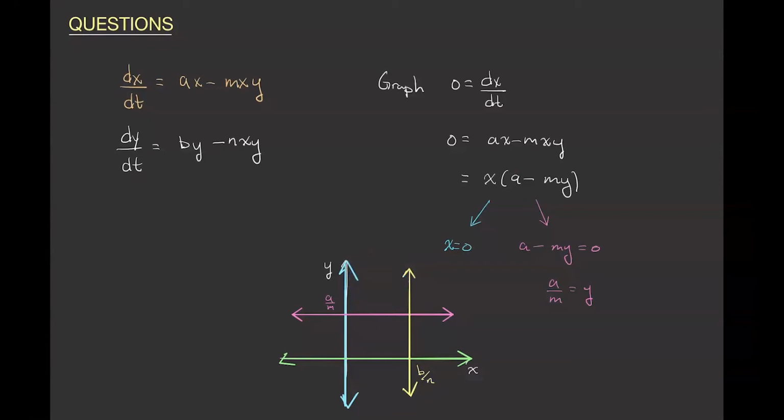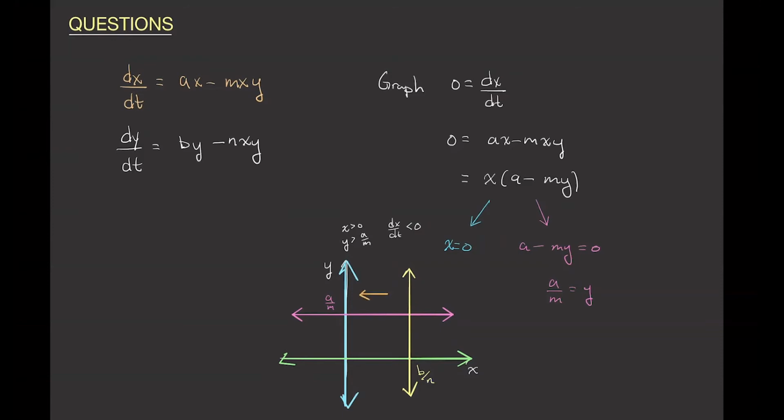So since x is positive, and y is greater than a divided by m, what that implies in this region is that dx dt is going to be less than 0. That gives us this arrow facing this way.